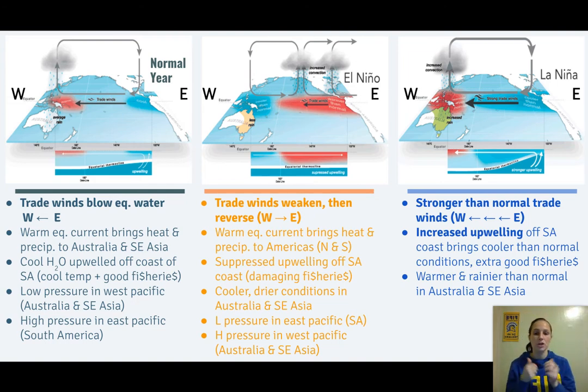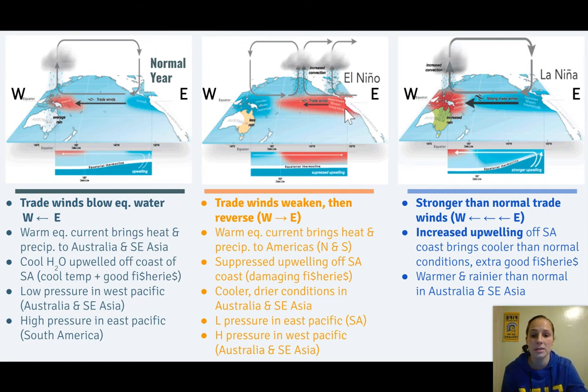Now remember, low pressure, you're going to have warmth, air is going to rise, it's going to rain a lot, you're going to have cycling, which leads to this cycling coming down over by Australia and Southeast Asia. So it's going to be a high pressure area in the West Pacific, and it's going to be cooler, drier conditions, less rain over here.